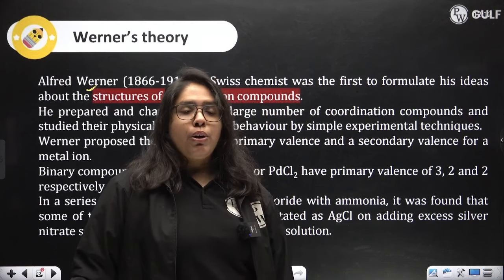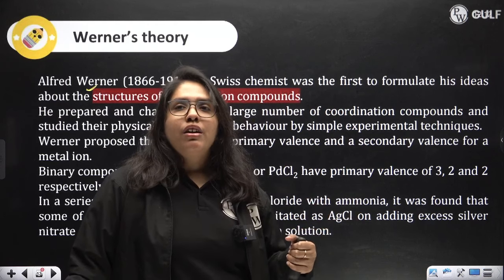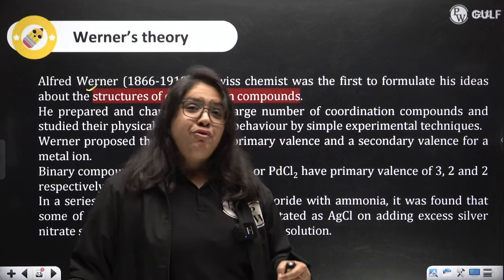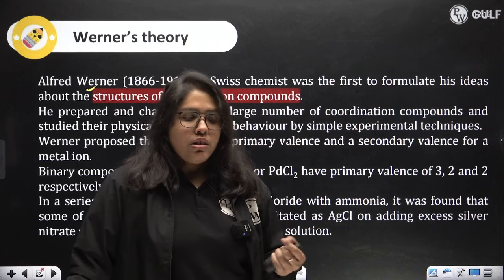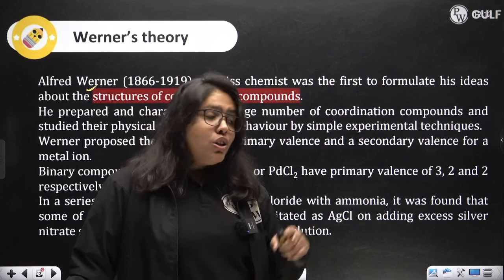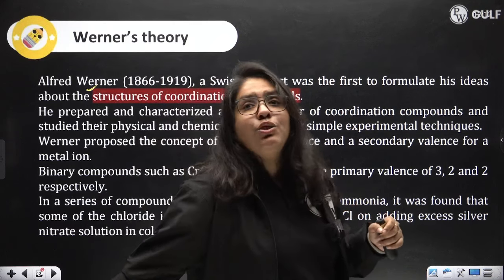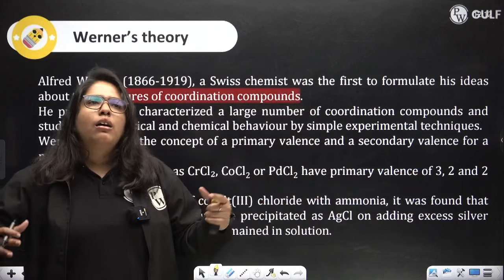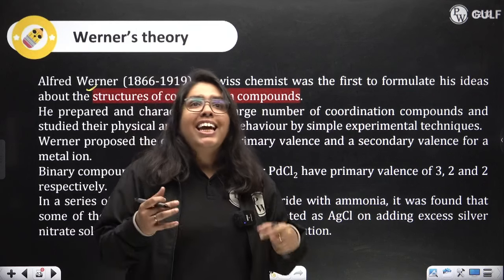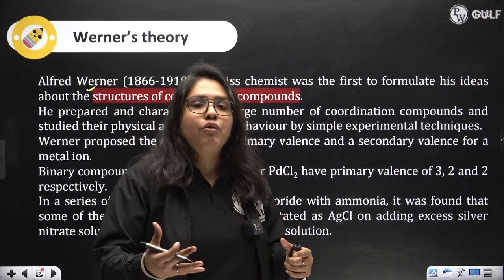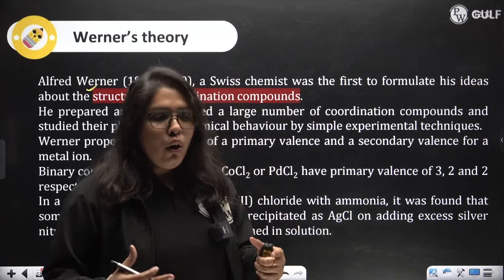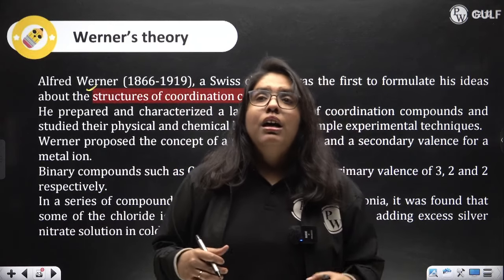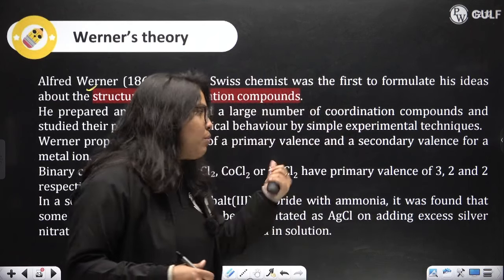That is why it is important. And as we already know, structure determines the function. So if you want clarity about function, it is important you know the structure. That is why understanding the structure came into the picture, and Alfred Werner's theories were among the most forthcoming, the ones which put light on primary valency and secondary valency. Now let's see what they are.